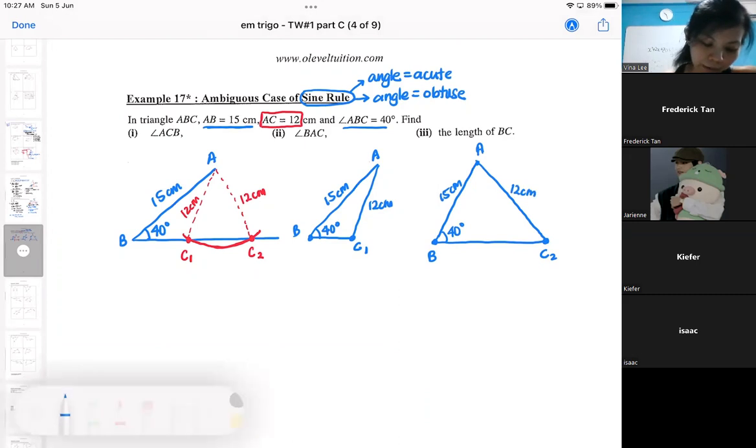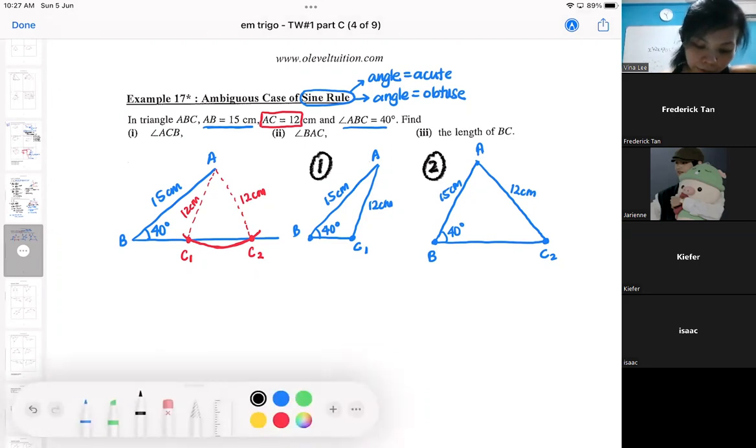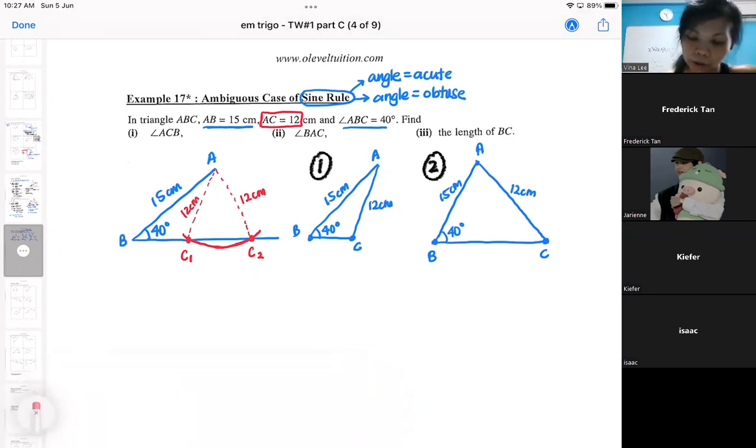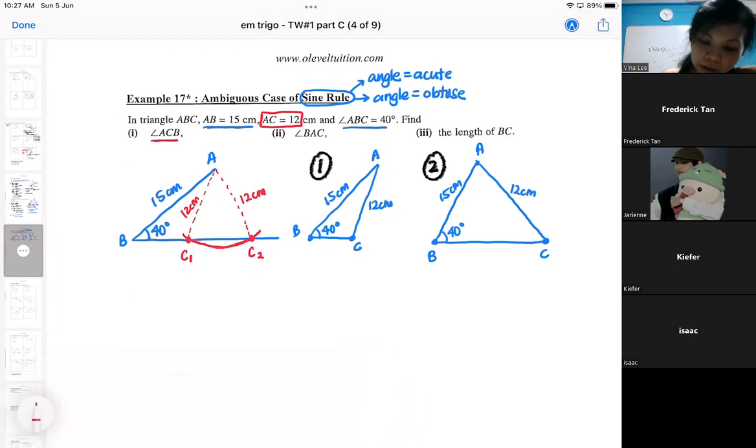If you look at the first triangle and the second triangle, the measurement doesn't change at all. That's why I got two possible triangles. Because of the two possible triangles, the angle ACB can be obtuse.